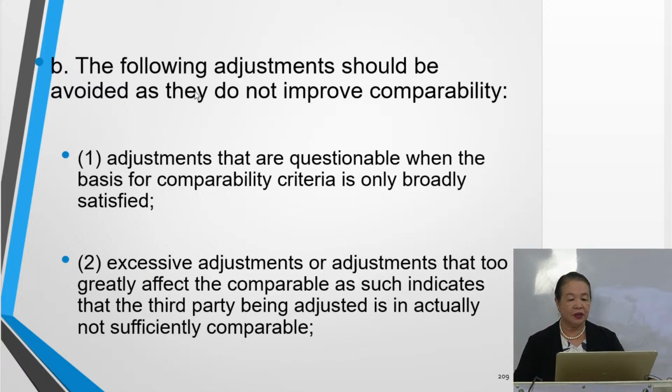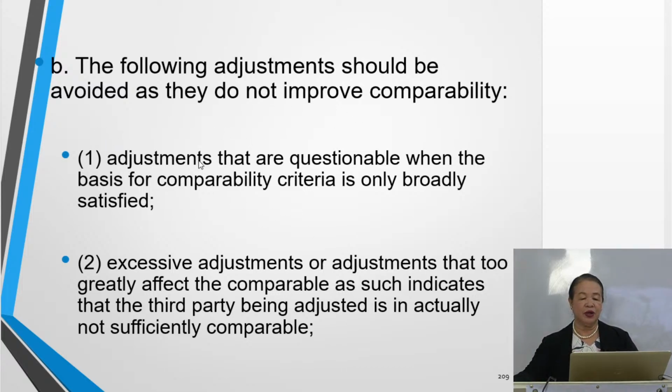Okay. So, the following adjustments should be avoided as they do not improve comparability. Okay. So, adjustment that are questionable when the basis for comparability criteria is only broadly satisfied, no? So, yun daw questionable na mga comparability na ginagawa, dapat i-avoid natin yan, no? Yung mga adjustments na yan.